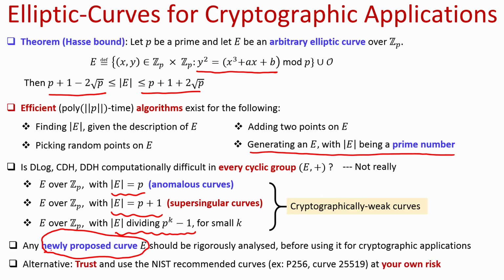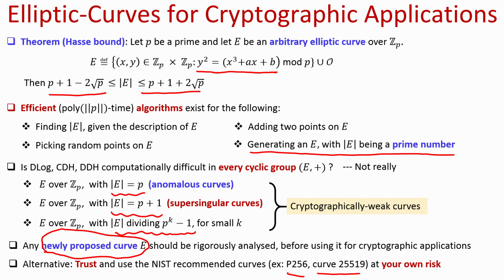So, an alternative is that you can trust and use any of the NIST recommended curves, for example, the P256 curve and curve 25519, which have been rigorously analyzed by NIST, and they claim they have not found any weaknesses in those curves in terms of solving the D-log problem.